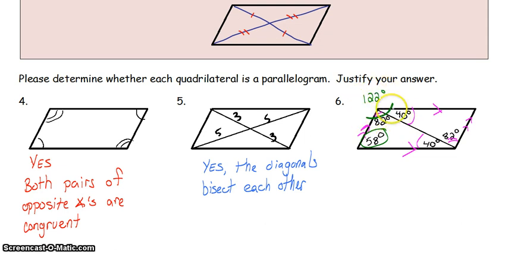That's this big angle. Since 122 plus 58 equals 180 degrees, this is also a yes, because this angle is supplementary to its consecutive angles.